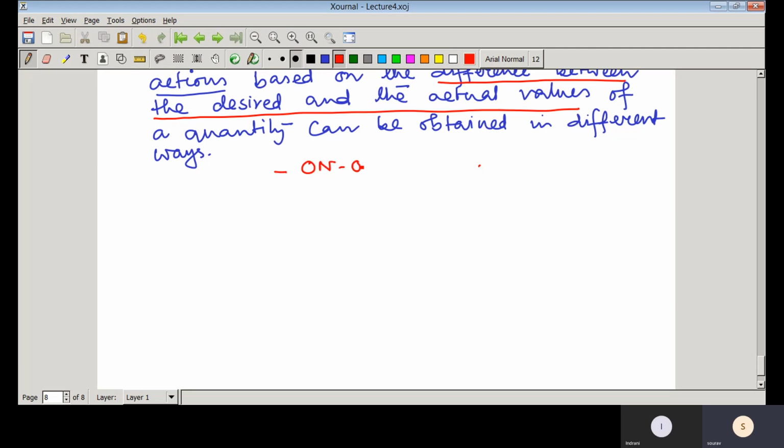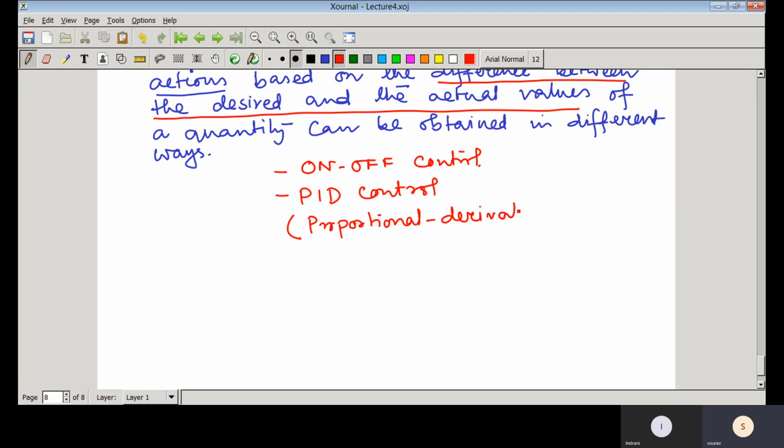One is on-off control, and the other one is PID control. PID stands for proportional, integral and derivative.